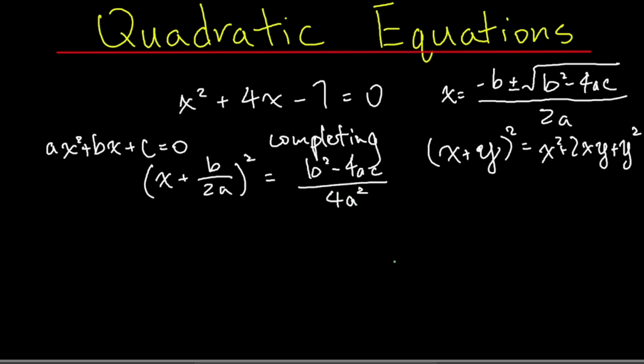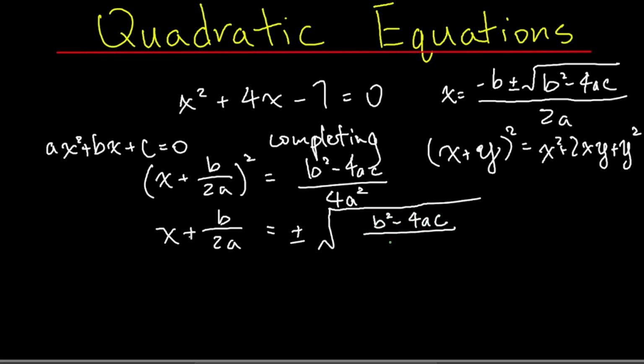So now we can go ahead and square root both sides, because now this is a perfect square, which is exactly what we want. After square rooting both sides, we get x + b/2a = ± √((b² − 4ac)/4a²).